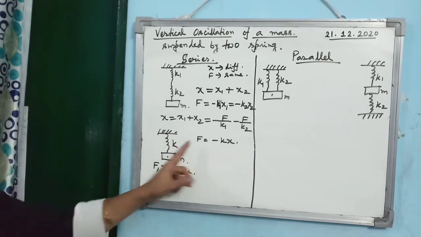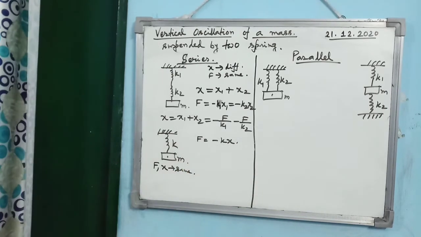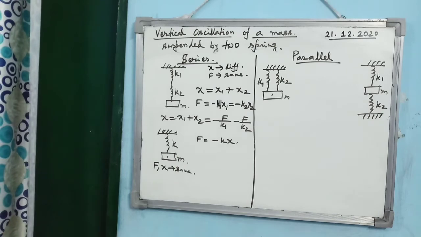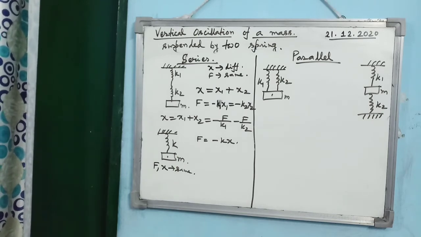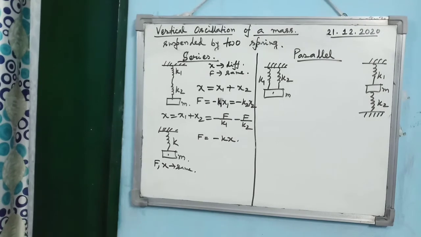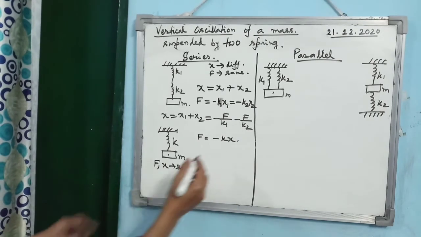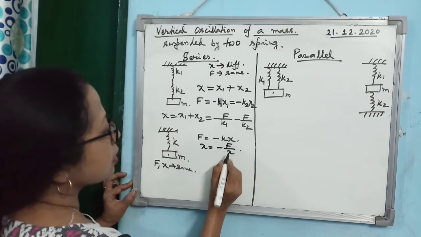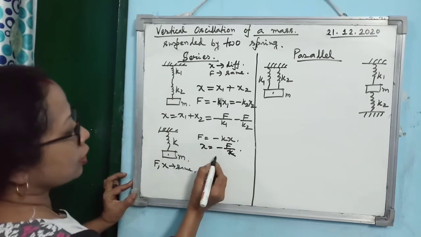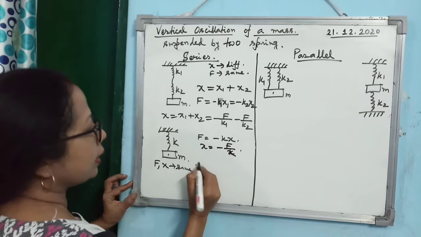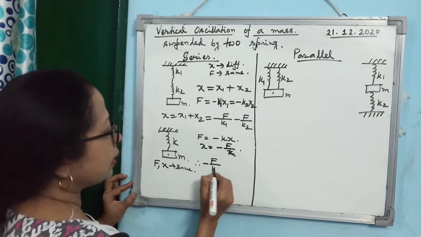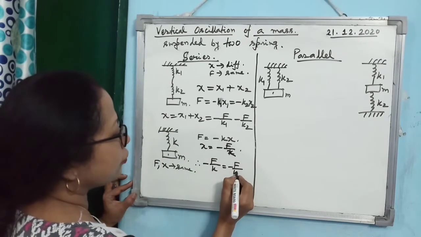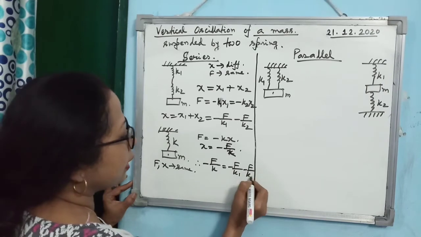Is that clear? So in this case, what are you getting? x is equal to minus f by k. So if you substitute it here, you are getting minus f by k is equal to minus f by k1 minus f by k2.